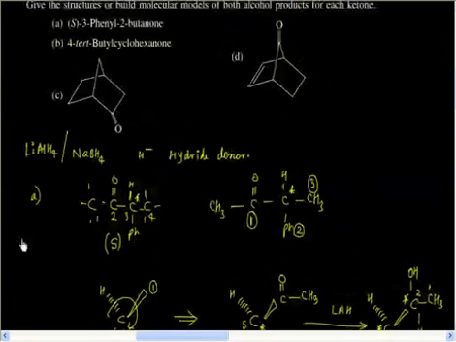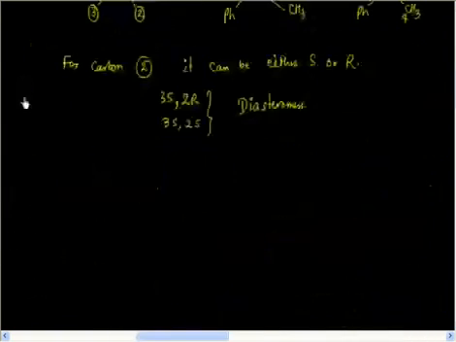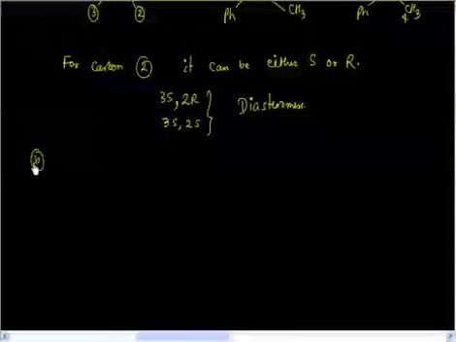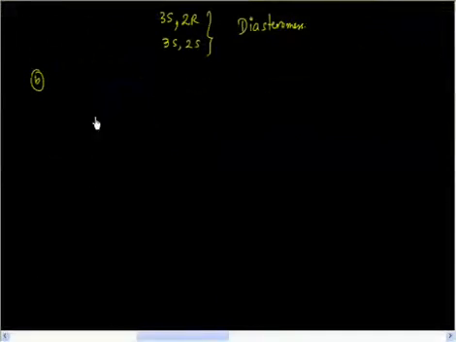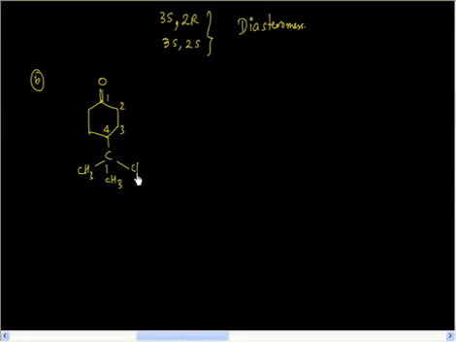So this is 4-tert-butyl cyclohexanone. You have cyclohexanone with positions number 1, 2, 3, 4. At position number 4 you have the tert-butyl group. This is a big group. So whenever you see tert-butyl, what always comes to mind is something called steric hindrance.